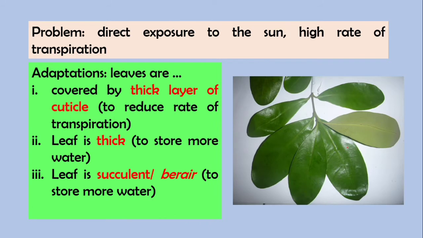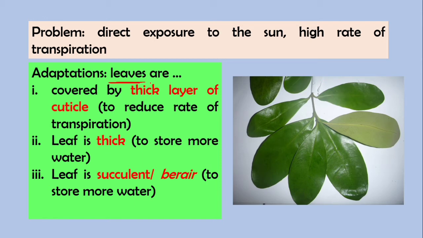Next problem is the direct exposure to the sun. So we'll expose the stomata to the surroundings, so we'll have high rates of transpiration. So in order to overcome this problem, high rate of transpiration due to the direct exposure to the sun, the mangrove plants have a unique leaf.